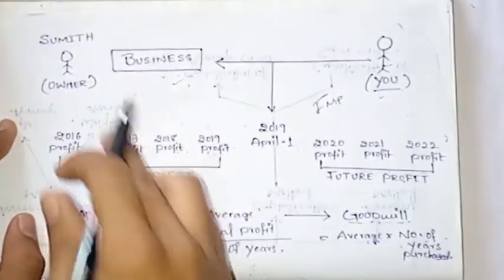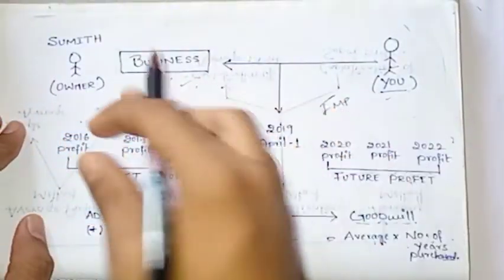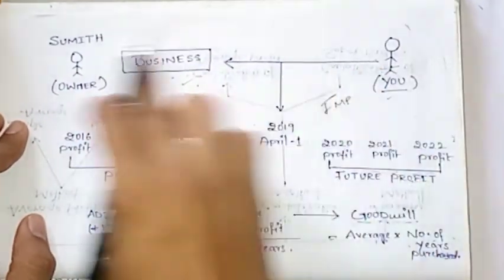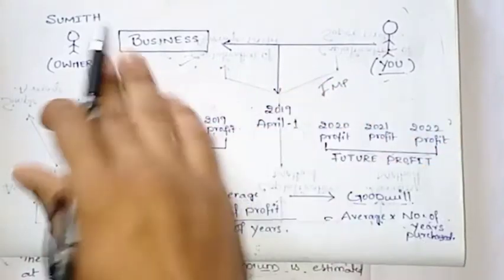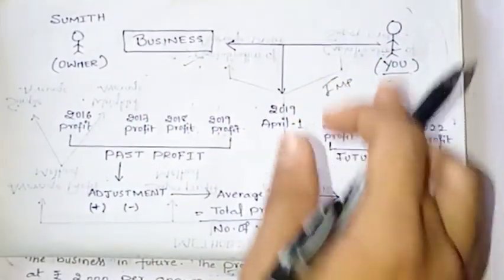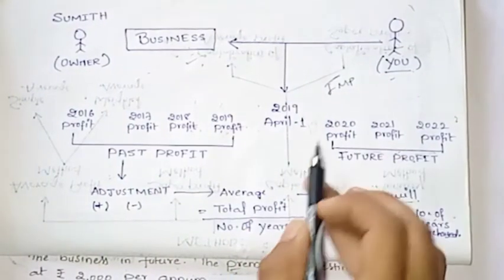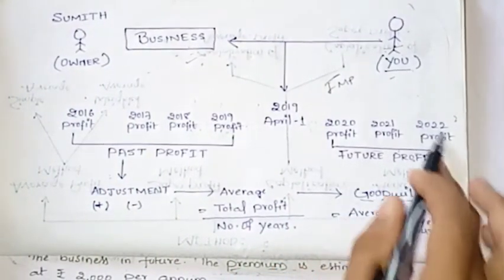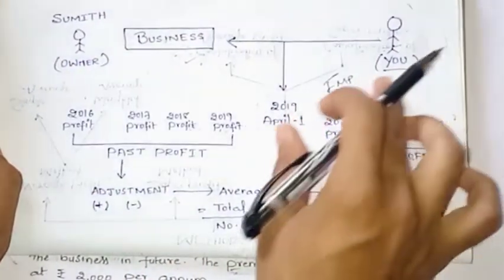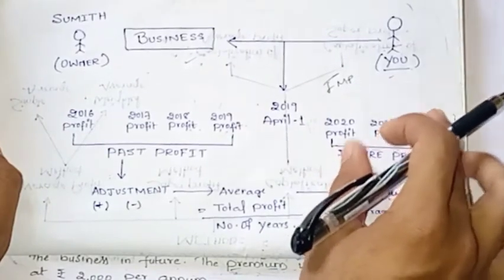Clear? Now the big question is, will Sumit sell his existing profitable business to you? No, of course not. He will not sell his profitable business to you. Why? Because he can earn these profits in the future. If he sells this business to you, he may miss out on all the future profits he is going to earn.